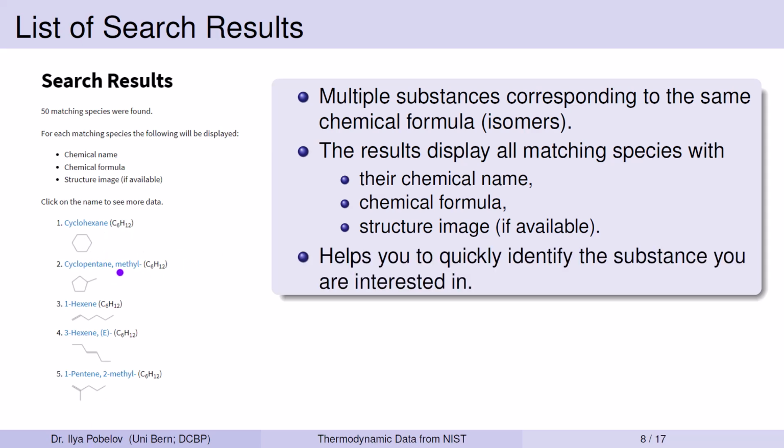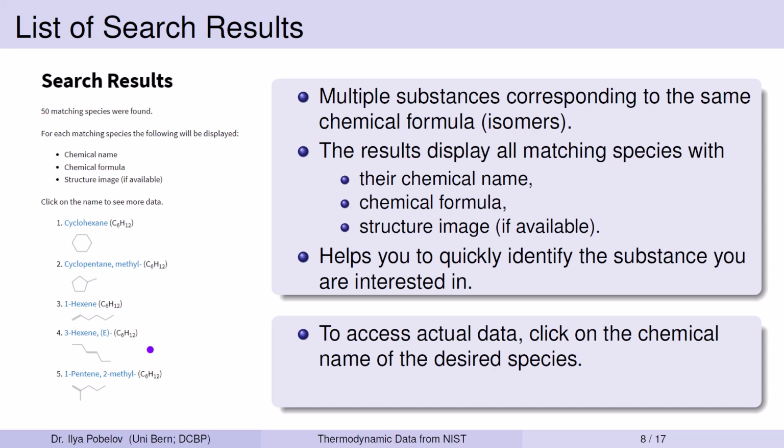This helps you to quickly identify the substance you are interested in. To access actual data, click on the chemical name of the desired species. This will take you to its data page.